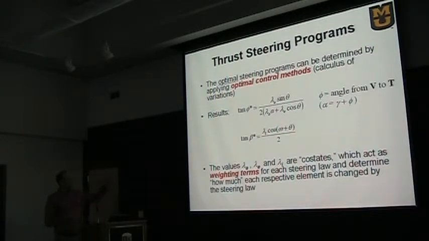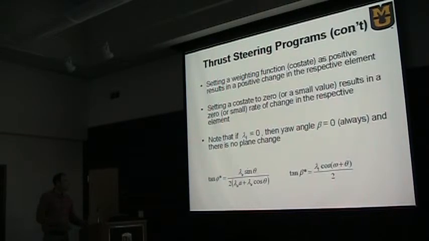If lambda E becomes large, I'm going to put all the steering effort into changing E, the orbital parameter eccentricity. If lambda A is large, I'm going to put all my effort into changing A, which is semi-major axis, essentially the radius, the energy.